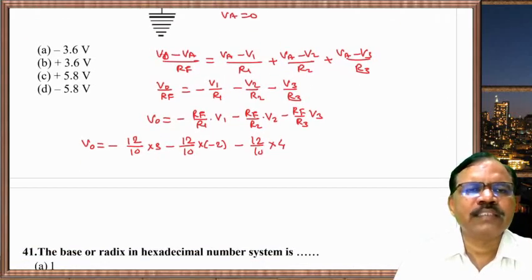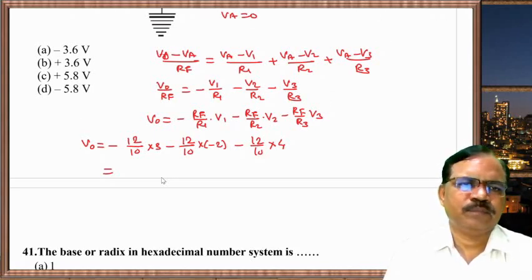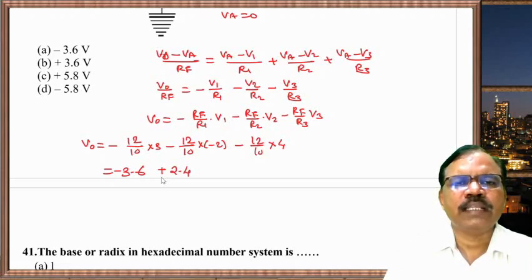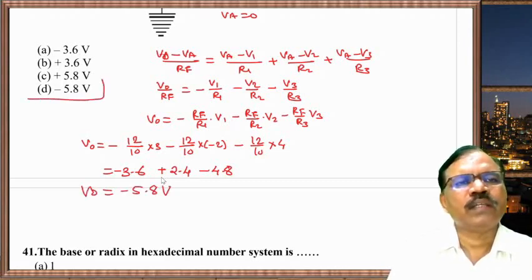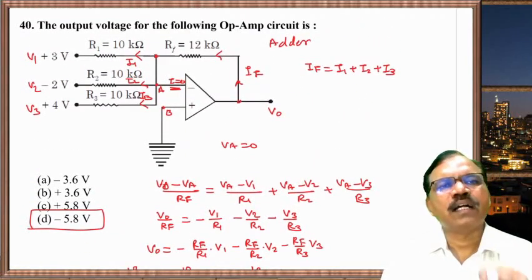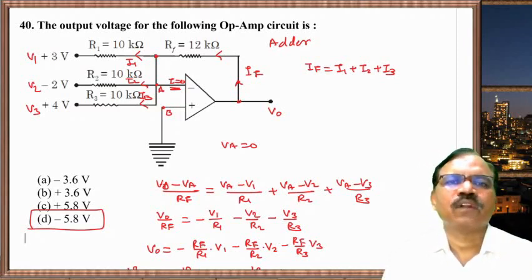First one, 12 into 3 divided by 10, so you will get 3.6 with minus sign. You will get 2.4 with plus sign and 4.8 with minus sign. If we calculate this, you will get V0 as minus 5.8 volt. So you have to see this circuit carefully. It is the adder circuit of operational amplifier.